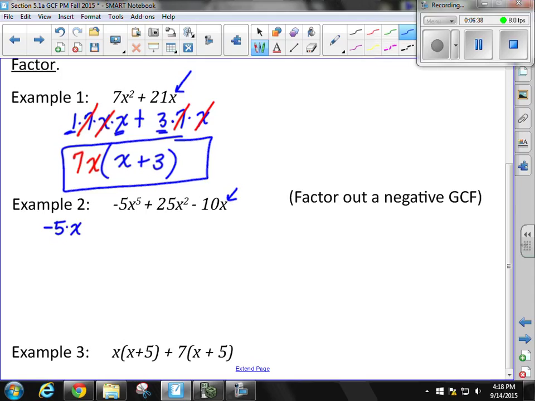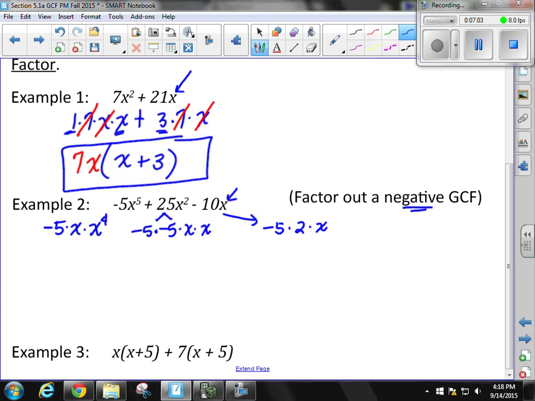And x times x to the 4th would give me x to the 5th. Now 25, I need to factor out a negative, so 25 is negative 5 times negative 5, and x squared is x times x. And my last term, negative 10x, is negative 5 times 2 times x.